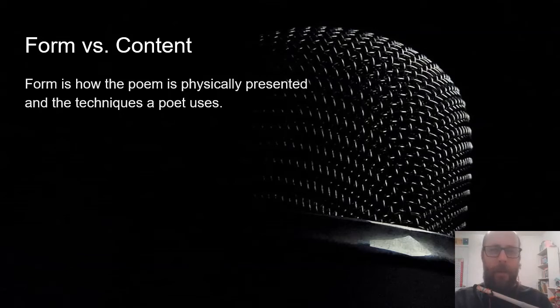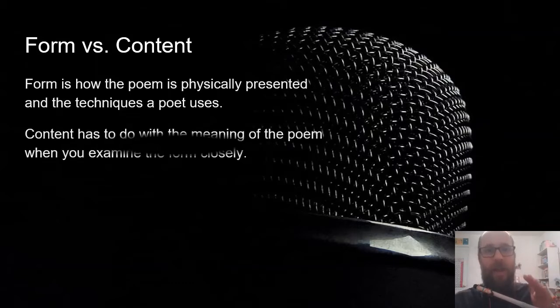So it's like the phrasing and the letters and the way things are arranged on the page and some of the techniques like the similes and metaphors they use. That's all form. Okay? Now, something on the other side is the content. The content is what the actual meaning is. Okay? It's the actual meaning of the poem.